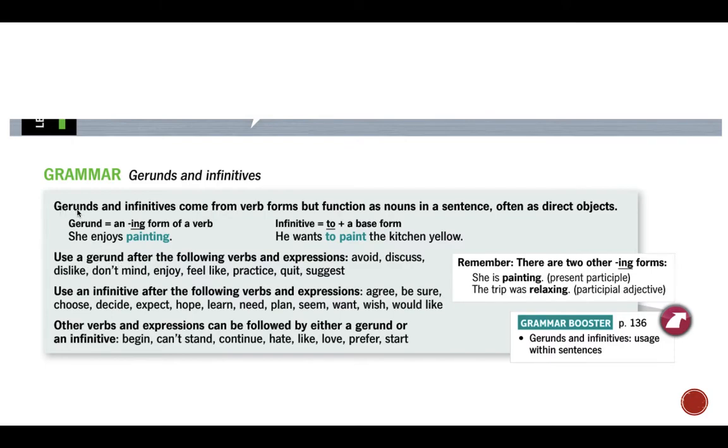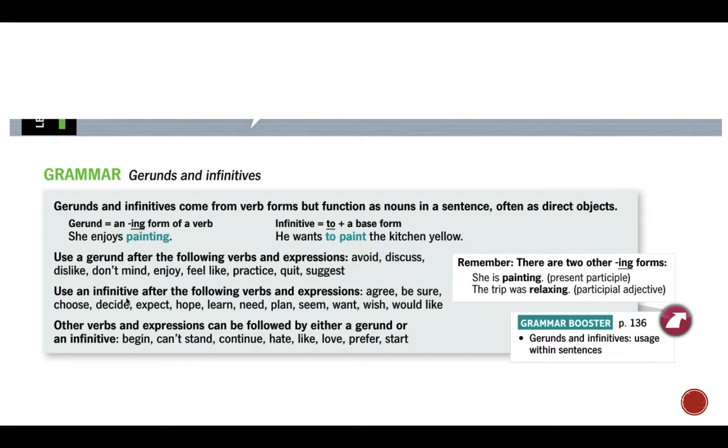Now, you'll notice here we have the gerund is ing. We use a gerund after the following verbs and expressions: avoid, discuss, dislike, don't mind, enjoy, feel like, practice, quit, suggest. So we have enjoy here. She enjoys painting. Infinitive is to in the base form, to paint.